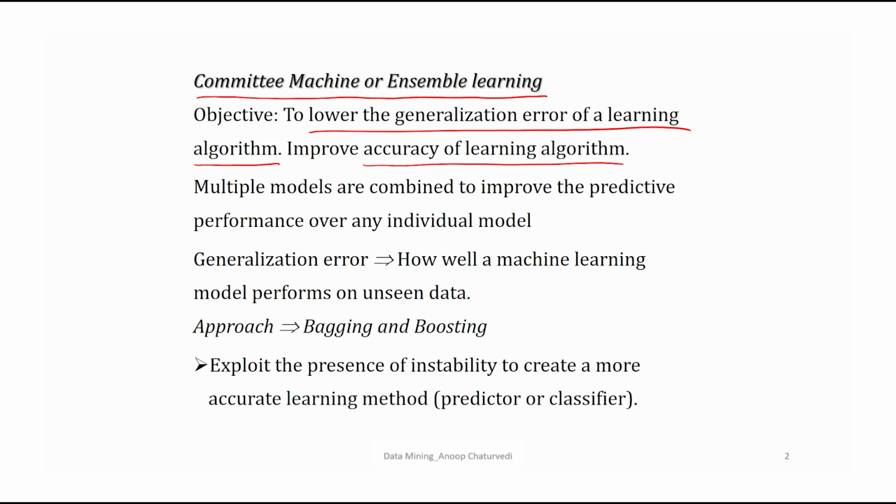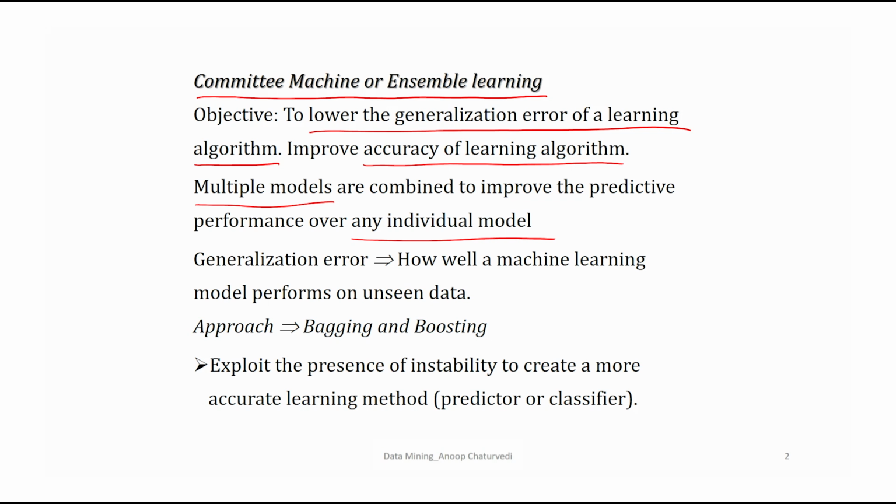In ensemble learning, we develop multiple models and then we combine these multiple models to improve the predictive performance over any individual model. And by generalization error we mean how well a machine learning model performs on unseen data.